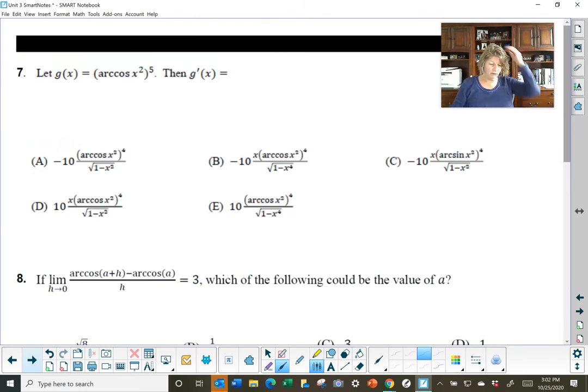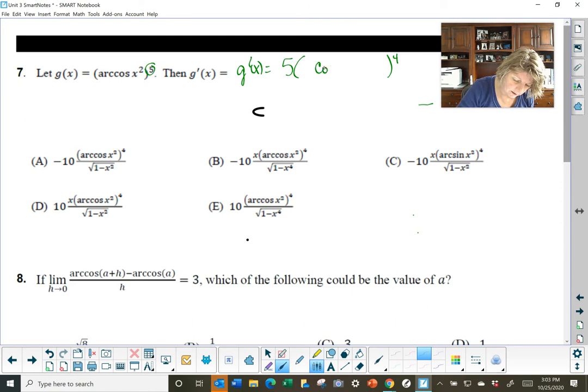Let g of x equal arc cosine x squared raised to the 5th. 2-level, well really 3-level problem, but an outer function of 5. So we're going to take its derivative. G prime of x. Derivative of the outer function first. 5 comes down by power rule and reduces by a power, making it a 4. And then we got arc cosine of x squared.